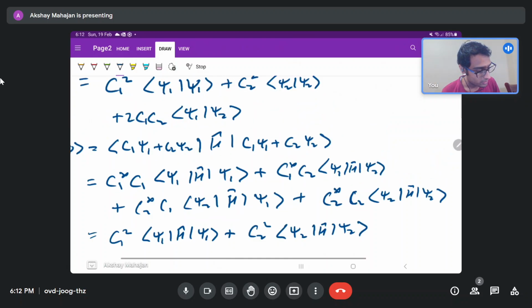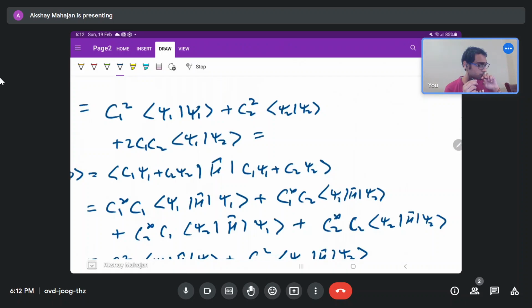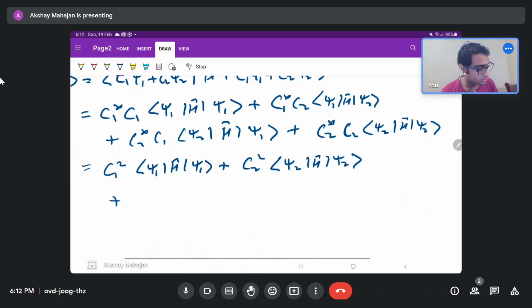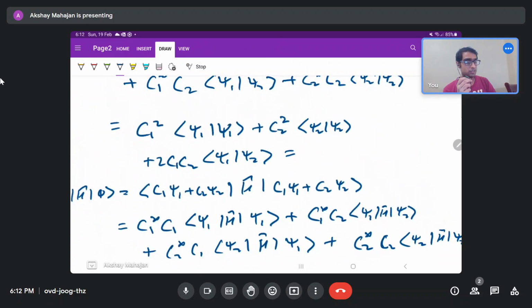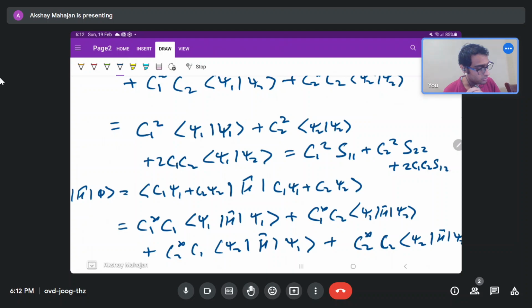plus 2 C1 C2 psi1 H cap psi2. Now these are basically matrix elements. For the denominator we write C1 square S11, C2 square S22, plus 2 C1 C2 S12, and S12 equals S21 because psi1 and psi2 are real.